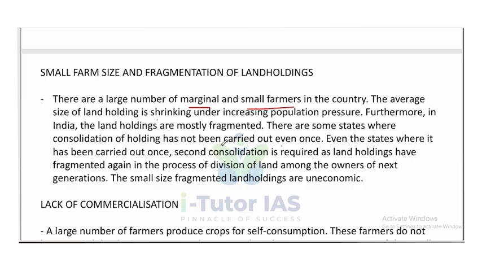Even in the states where it has been carried out once, second consolidation is required as land holdings have fragmented again in the process of division of land among the owners of the next generation. The small size fragmented land holdings are uneconomic.